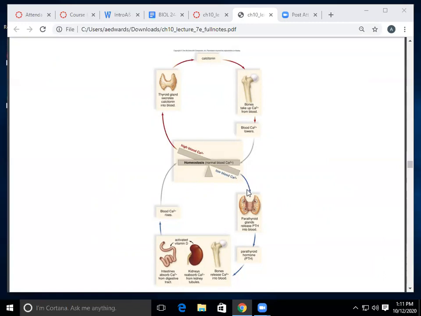If the calcium levels get too low, parathyroid glands are going to release parathyroid hormone into your blood. It's going to make your bones release their calcium and make your kidneys reabsorb calcium. It also makes your kidneys activate vitamin D, which helps your intestines reabsorb the calcium from your digestive tract. That makes your blood calcium go back up. Okay? This interplay of these two hormones keeps your blood calcium at homeostasis.